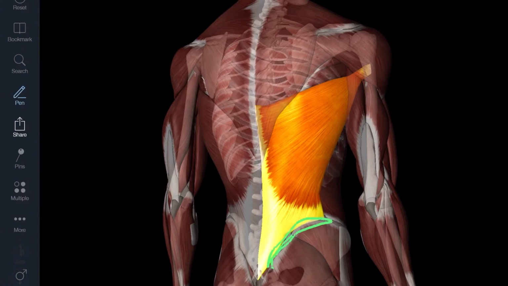So that's like the hip bone region, and it attaches there. Okay, so spinous processes of T7 to L5, the posterior sacrum, and then the posterior iliac crest. That's the origin of Latissimus dorsi.